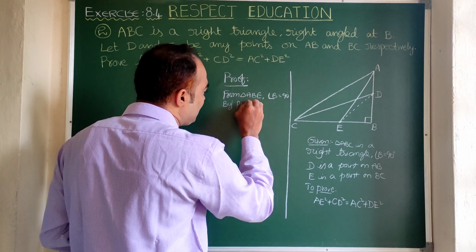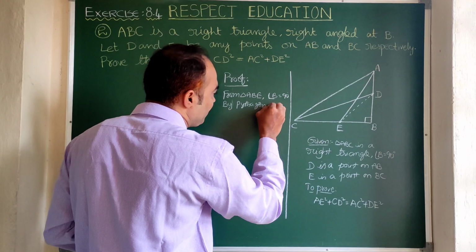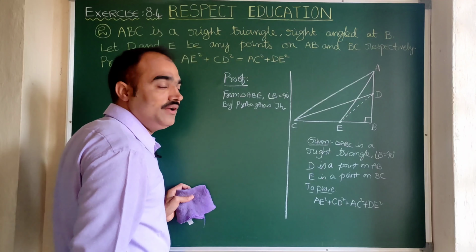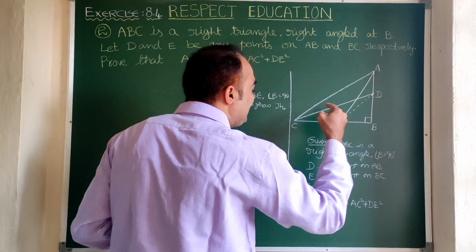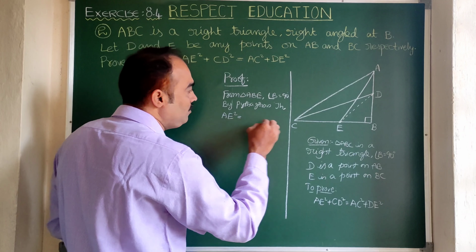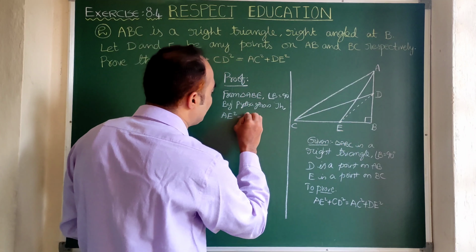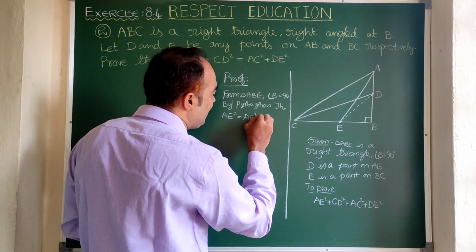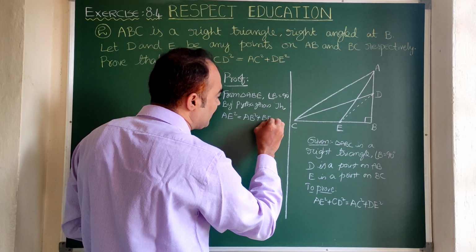By Pythagoras theorem, hypotenuse square means AE square is equal to AB square plus BE square.